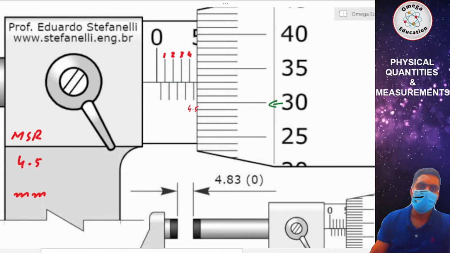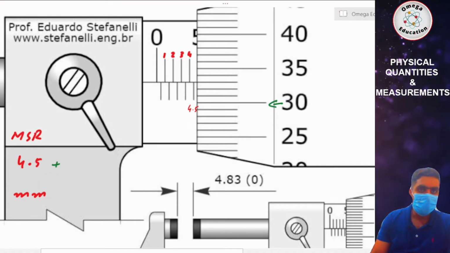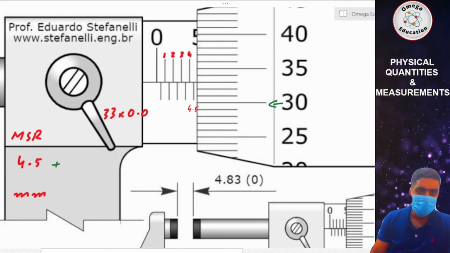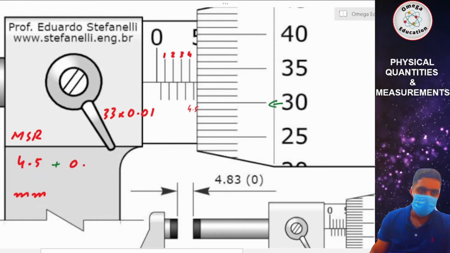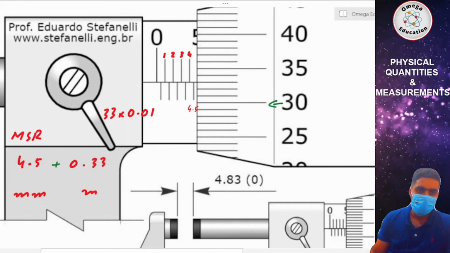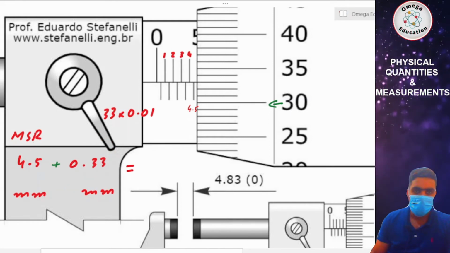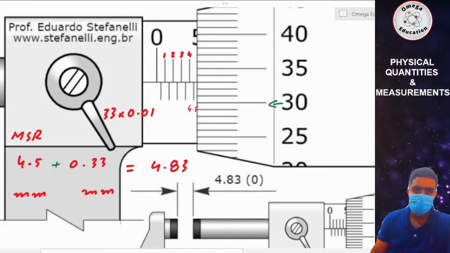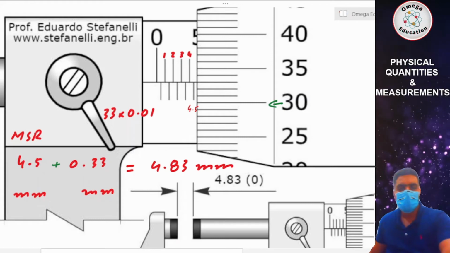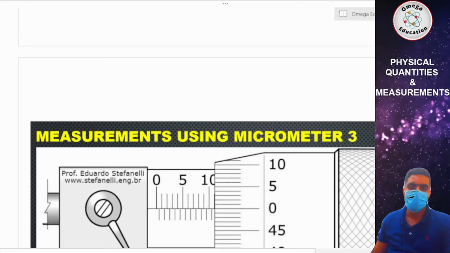You multiply line number 33 by the least count, and you get 0.33 millimeters. In the next step you add these two values, and you'll get 4.83 millimeters. So this is how we measure a reading using a micrometer screw gauge.